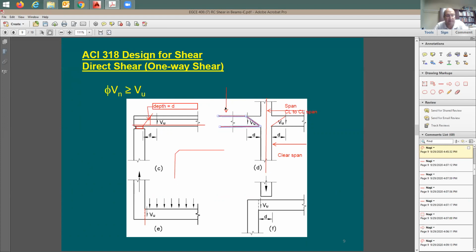This piece is going to be coming down with the force. So the section of shear failure is not going to be in the center line. It's going to be at a distance away from face of support. So the code recognizes this issue, and they're telling you, don't take the maximum reaction and consider it to be your shear demand. Instead, reduce it a little bit because the actual section of failure is going to happen at a distance away from face of support.